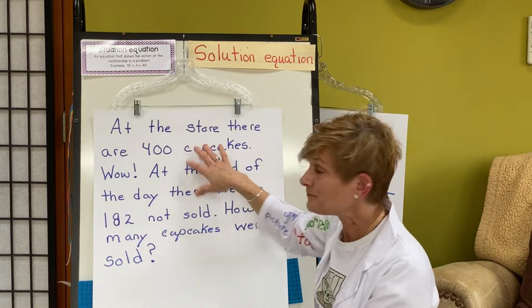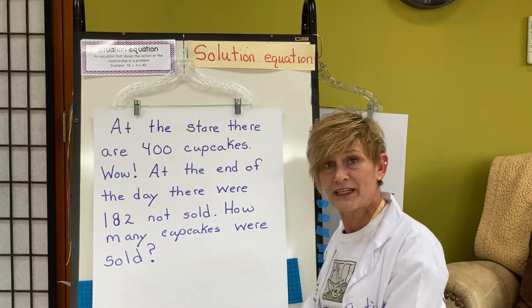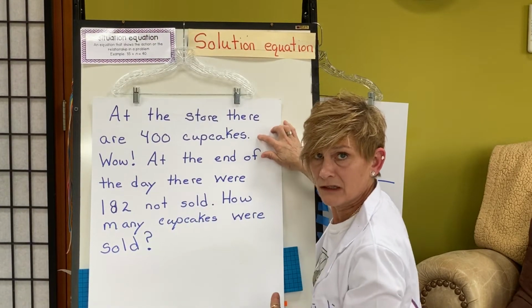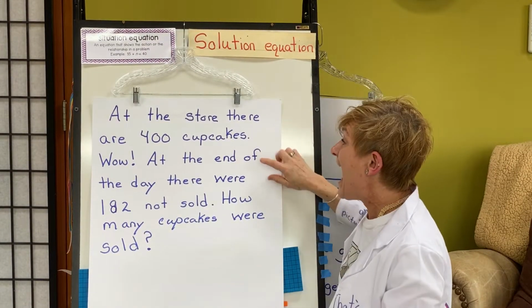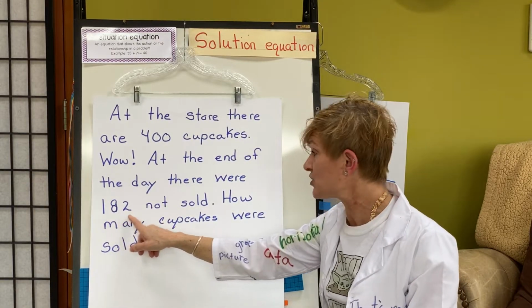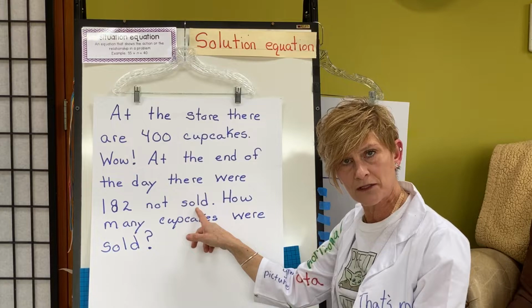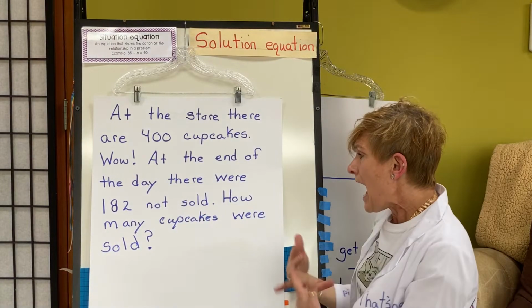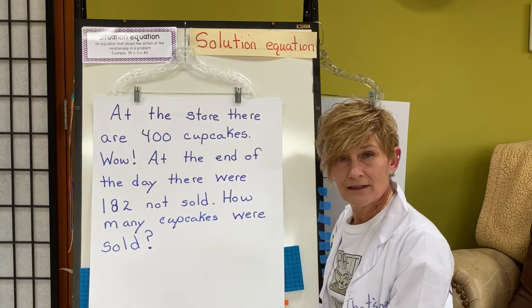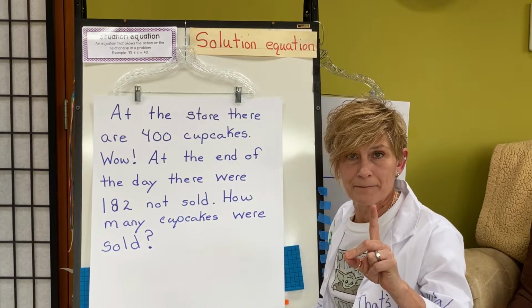At the store, there are 400 cupcakes. Wow. I don't know, 400 cupcakes. At the end of the day, there were 182 not sold. How many cupcakes were sold? So let's do that one more time.